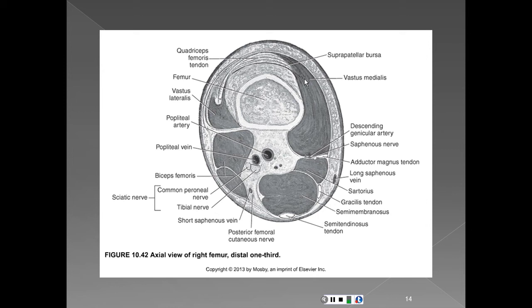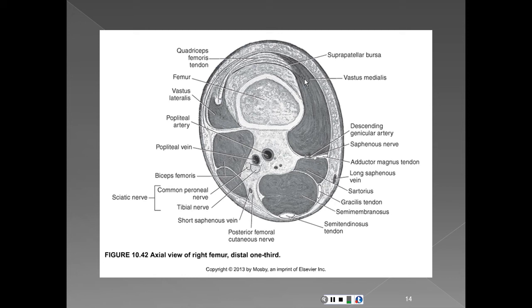The biggest muscle in the body is the quadriceps femoris muscle, which covers almost all of the anterior surface and sides of the femur. It originates as four heads: the rectus femoris, the vastus lateralis, the vastus medialis, and the vastus intermedius, to create a powerful extensor of the knee.